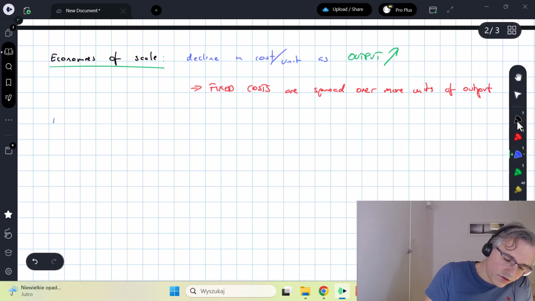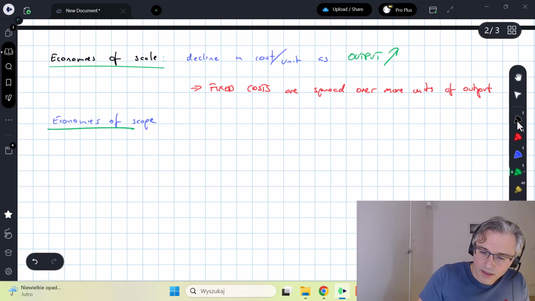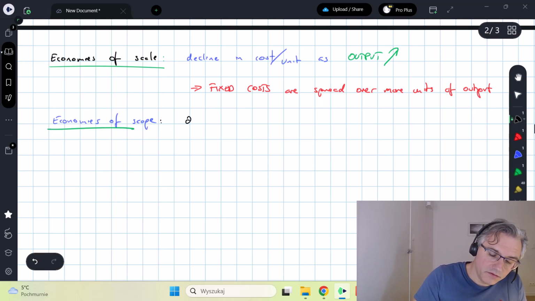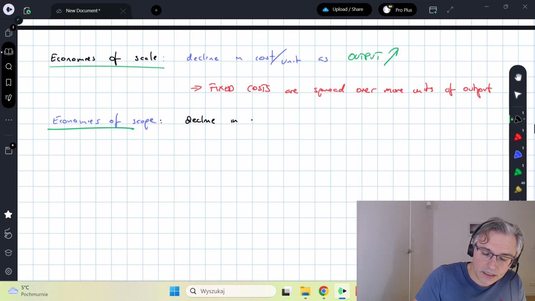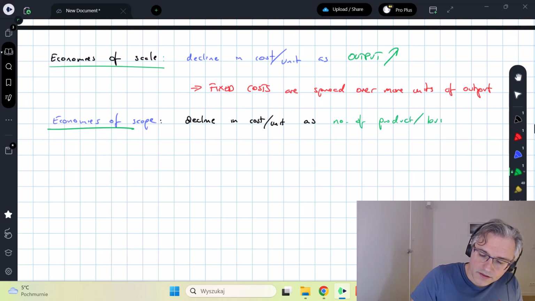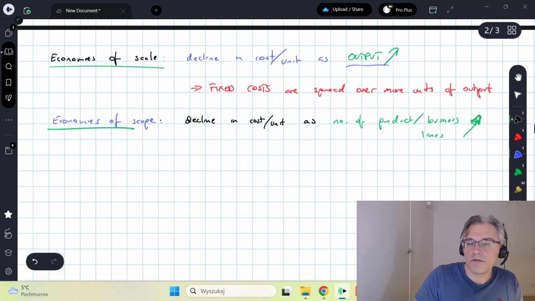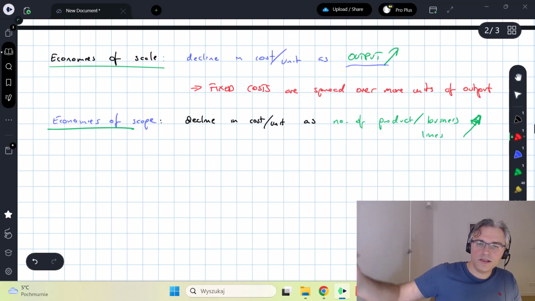But then there is another term which is actually quite related. It's economies of scope. And that means, once again, a decline in cost per unit at the company level, but not as the output increases, but as the number of products or business lines goes up. Now, with the number of products and business lines going up, we typically also have an increase in output, but this is not output of the same thing.